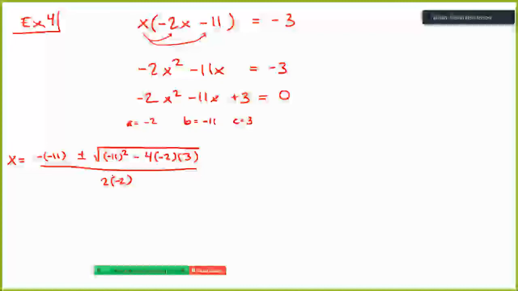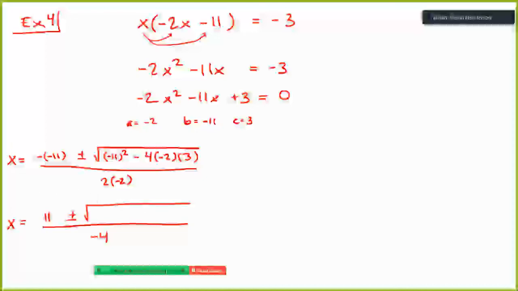Always deal with the inside of the square root first. And you can clean up the negative 11 and the 2 times negative 2 in the bottom separately. So let's do that. Negative 11 becomes positive 11. In the bottom, 2 times negative 2, there's our negative 4 again, like last time, and that's just because we happen to have the same A number. It won't always be that.